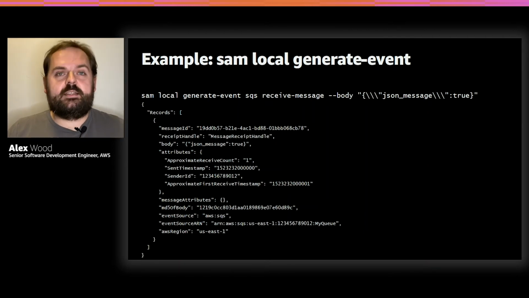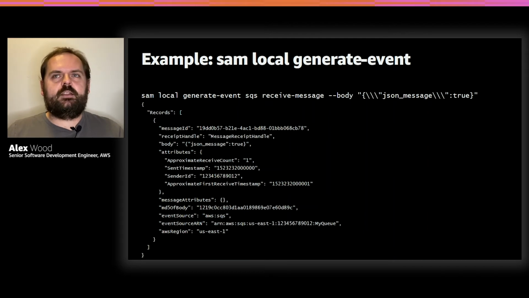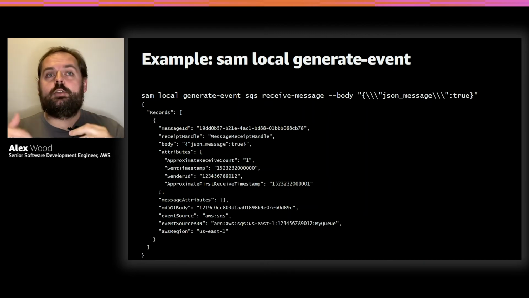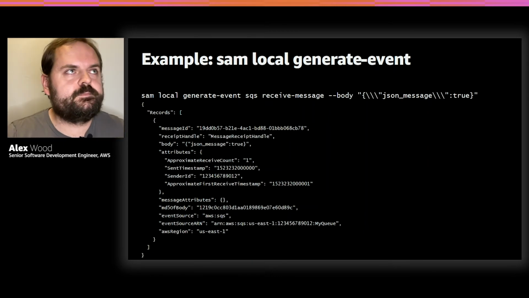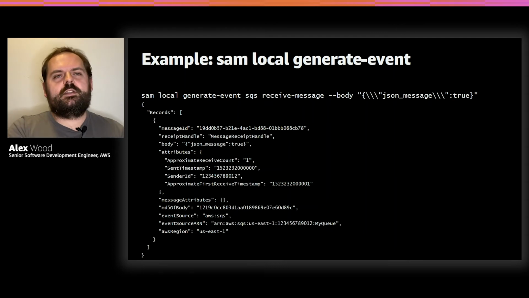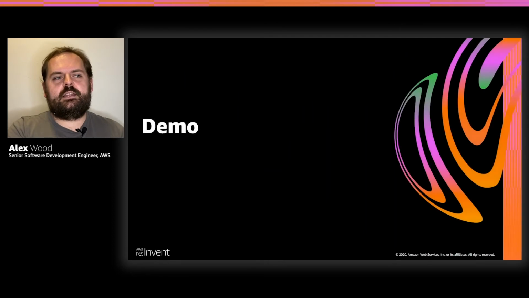But what this does is it gives you a very quick path to validly formatted event inputs that you can use to simulate, are you correctly handling the shape and structure and contents of these events? So let's take a look at a demo to see generating events in action.